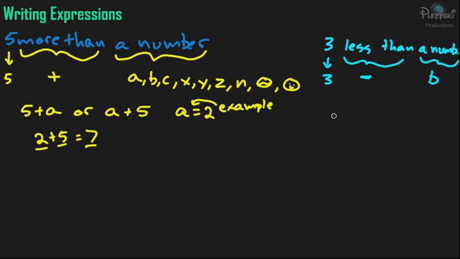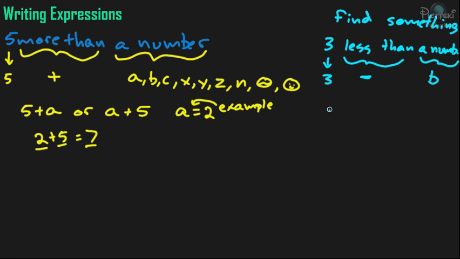And this can be sort of confusing, but if you think about it, you're saying I want to find something or some number, find something that is 3 less than a number.